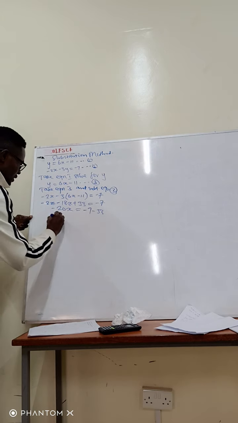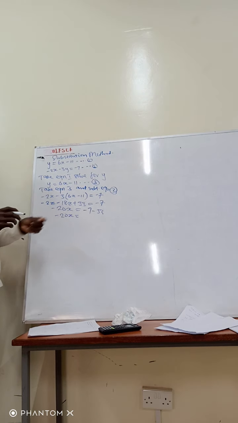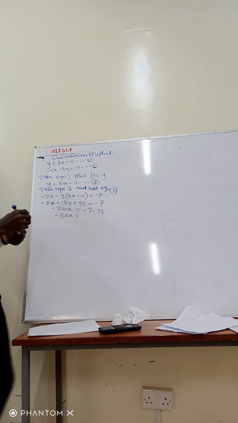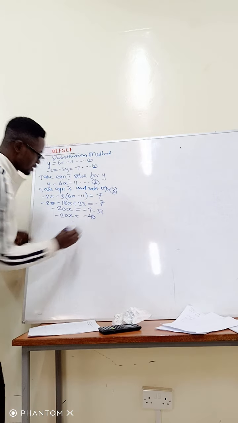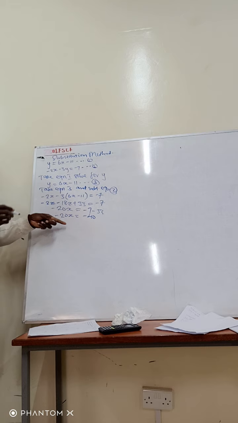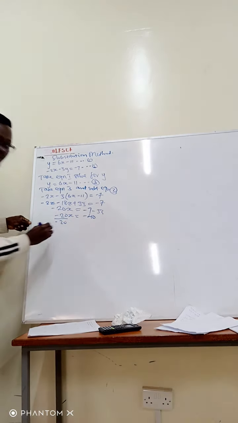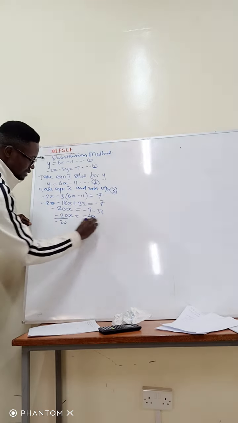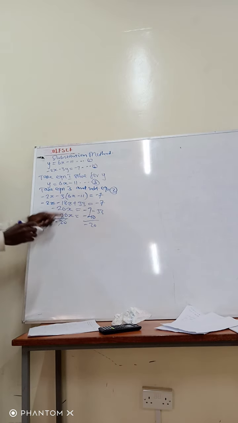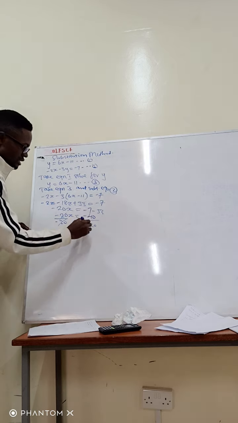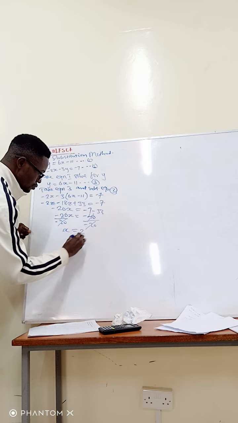So negative 20x is equals to negative 7 minus 33, which is negative 40. Now we want to get x, so you divide this side by negative 20, then you divide this side by negative 20. So negative 20 will cancel, and this is negative, so x is equals to 2.